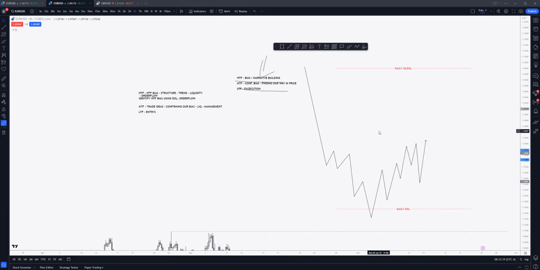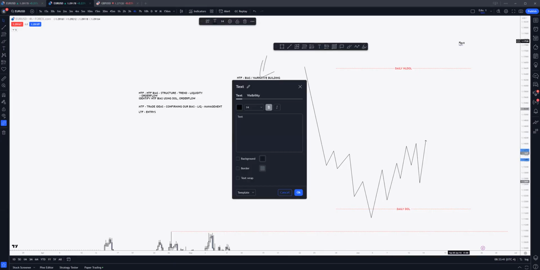Generally the way I like to look at it is HTF is weekly to H4. The MTF is H4 to M15, and then the LTF is M15 and below, or M15 to M1, right?